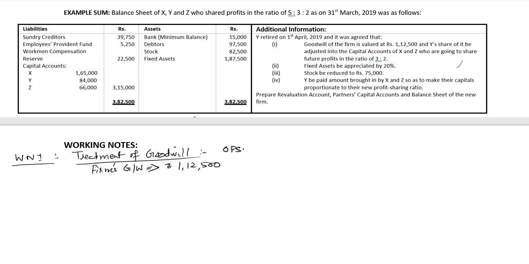The old profit sharing ratio between X, Y, and Z is 5:3:2. The partner who retires is Y. Further, the new profit sharing ratio between X and Z, as per point 1, is 3:2. So the firm's goodwill is 1,12,500.